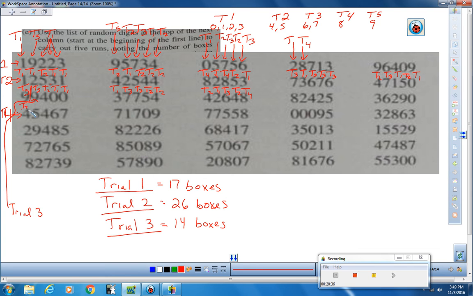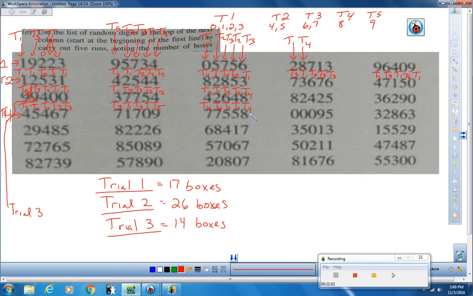We got toy 2, toy 2, toy 2, toy 3, toy 3, toy 3, toy 1, toy 3, toy 1, toy 5. And then we've got a couple of 4s, a couple of 2s, and then another 4.